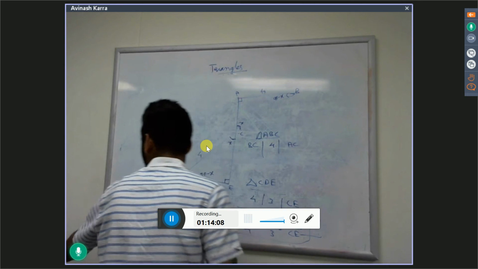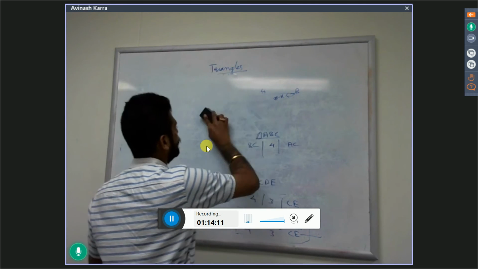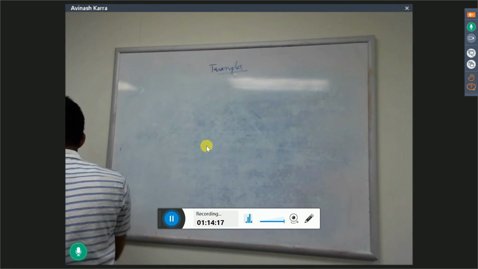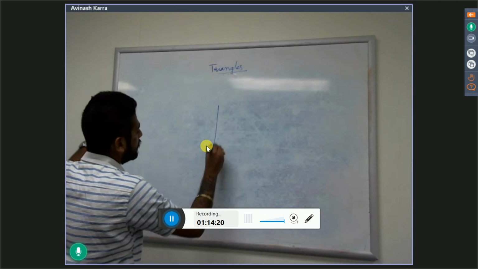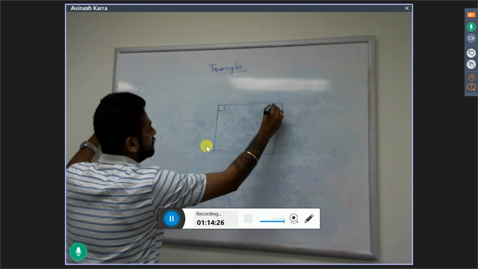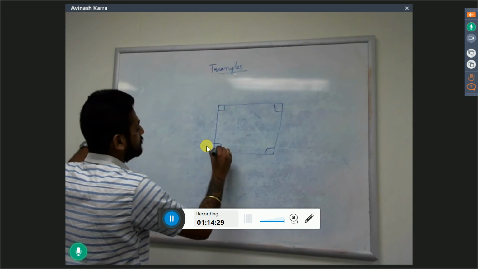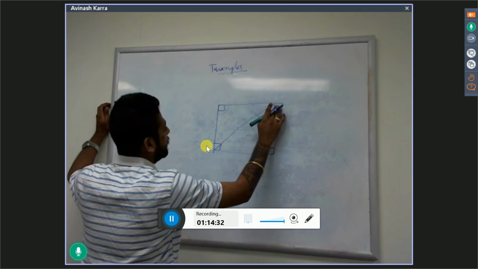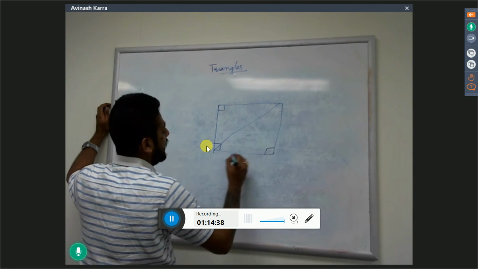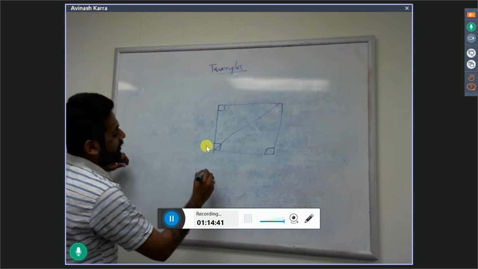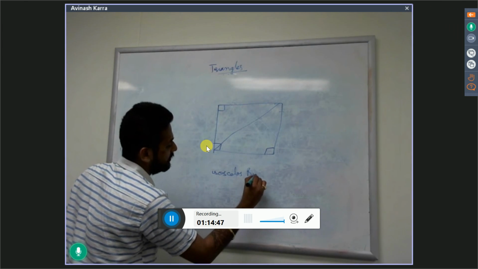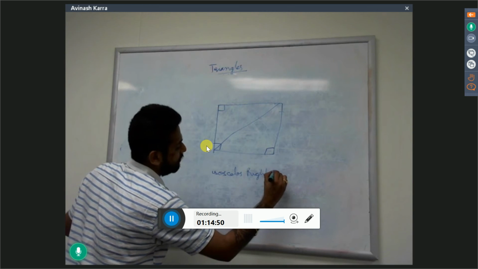And yeah, I forgot to say, when there is a square, the diagonal forms an isosceles right triangle.